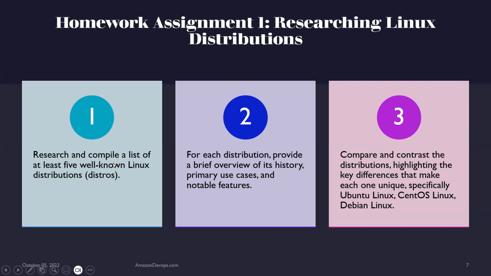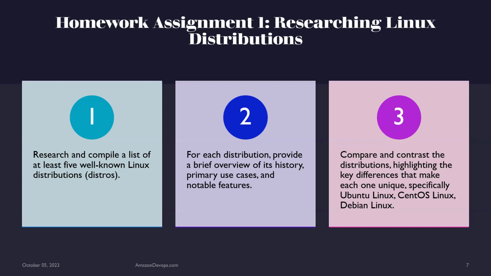You need to go research and compile a list of at least 5 well-known Linux distributions or distros. After compiling the list, you need to go through each distribution and provide a brief overview, its history, primarily the use cases, and also some of the notable features.